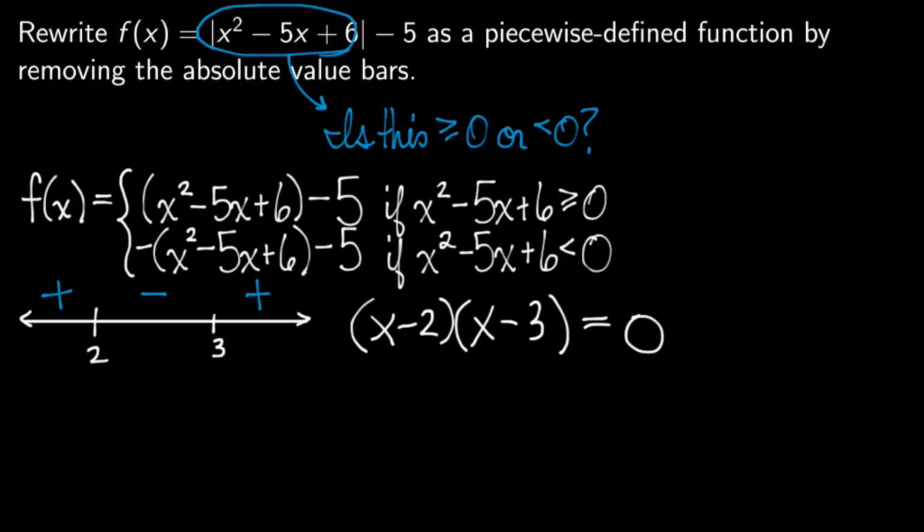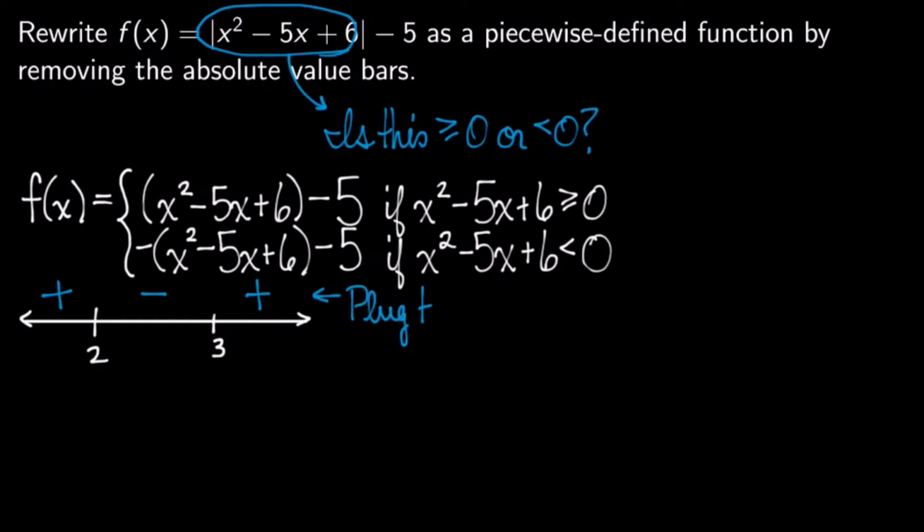And then what happens is I look at all the regions that I've cut the number line into, okay? Region 1, region 2, and region 3. And what I do is I plug in test values into my polynomial and figure out, do I get something positive or something negative?